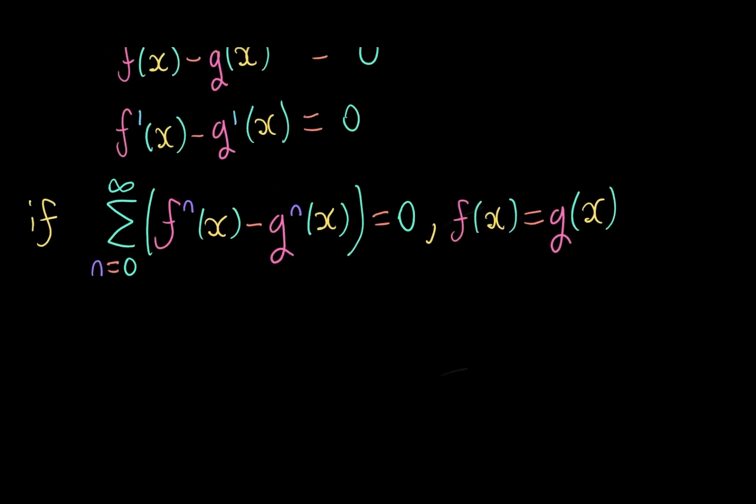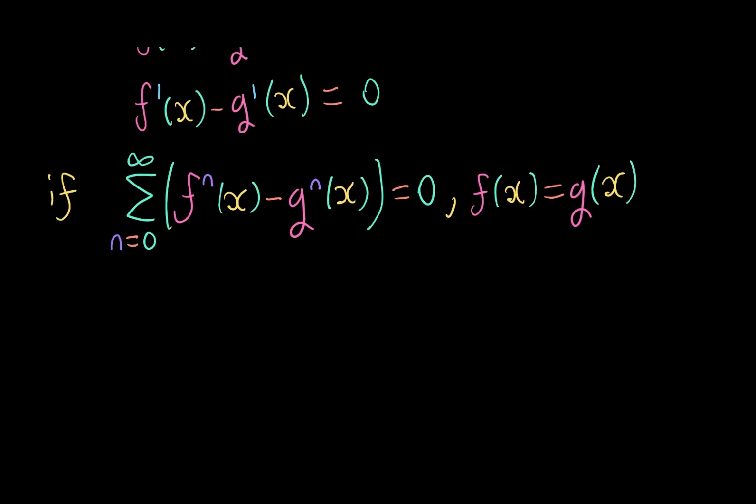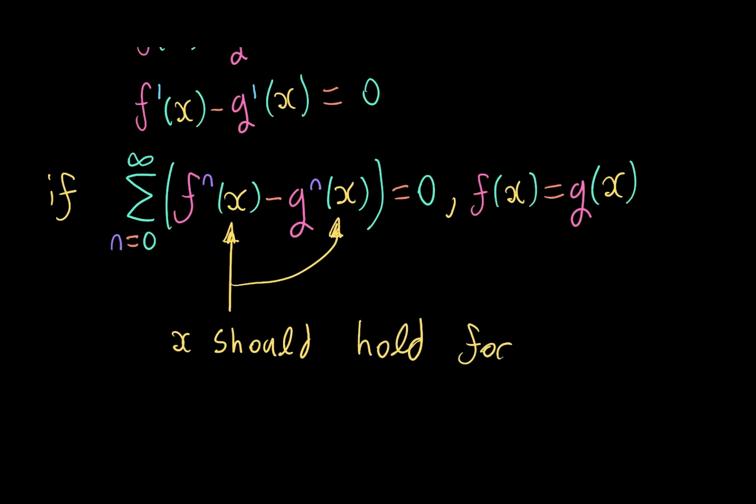So this should hold for x up here. If you were to substitute some value into the n-th derivative, and if both functions are the same, then they should equal 0.